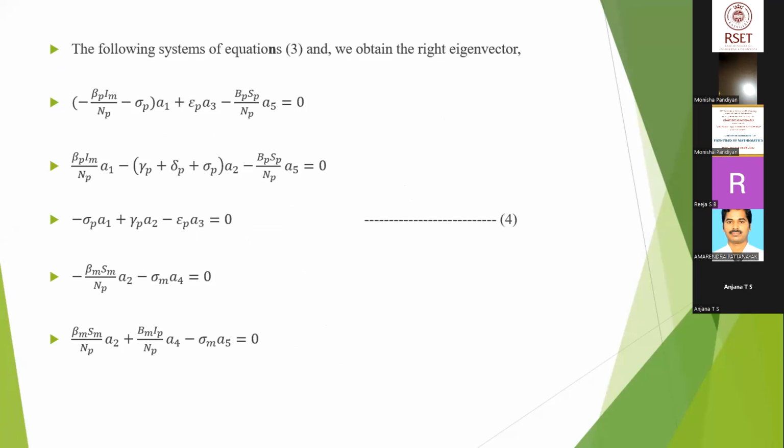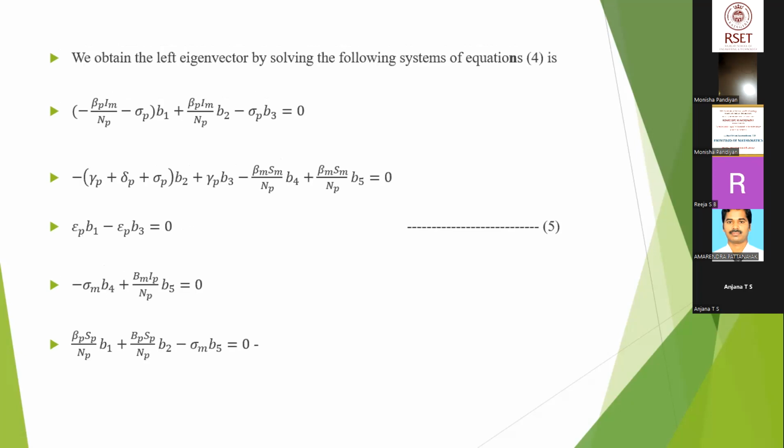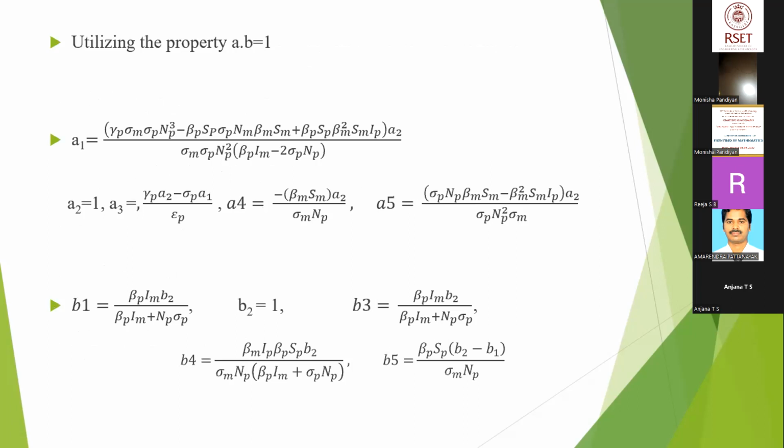So this slide represents the backward bifurcation. Equation 4 represents the matrix of right eigenvectors. Equation 5 represents the Jacobian matrix of left eigenvectors. So we use the property of A dot B equal to 1, with A1, A2, A3, A4, A5.